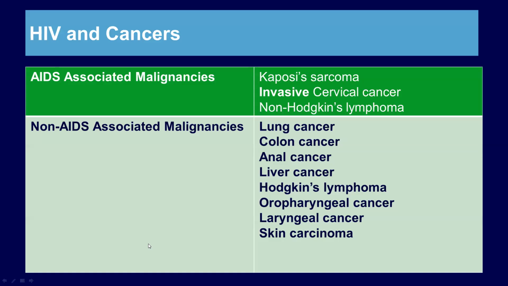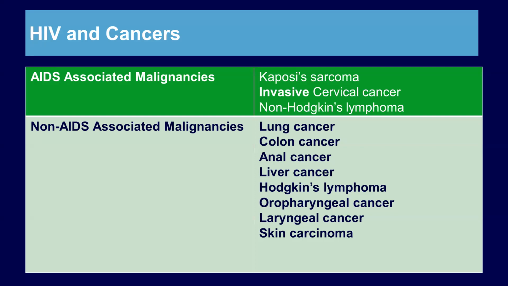So what are these non-AIDS associated malignancies? As you know, people living with HIV can develop two types of cancers. There are the AIDS associated malignancies that occur with advanced, end stage HIV disease, with a very weakened immune system and low CD4 counts. These are Kaposi sarcoma, invasive cervical cancer, and non-Hodgkin lymphomas, which we're not going to address today.